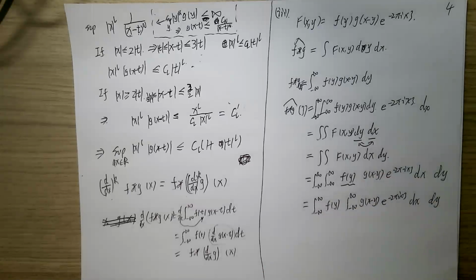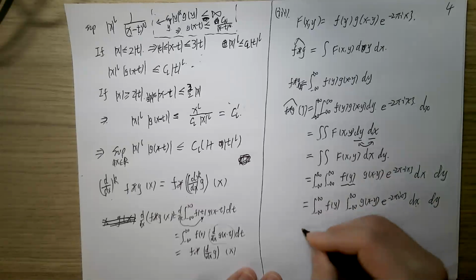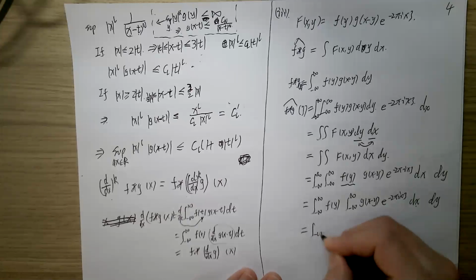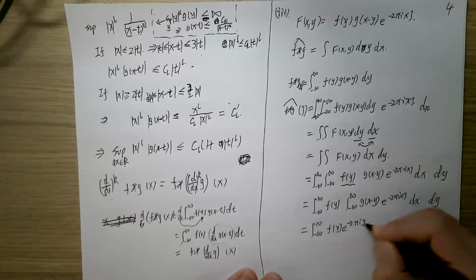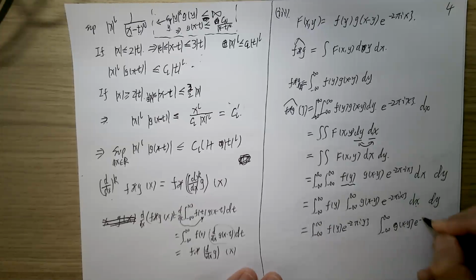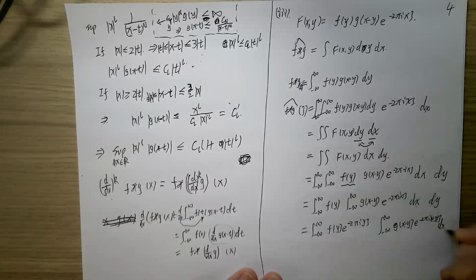Then what we want to do now is a change of variable in terms of x, right? Or you can try to write it as x minus y plus y. Then what you will have is an additional e to the minus 2 pi i y xi, and the inside part is g(x minus y) e to the minus 2 pi i (x minus y) xi dx dy.